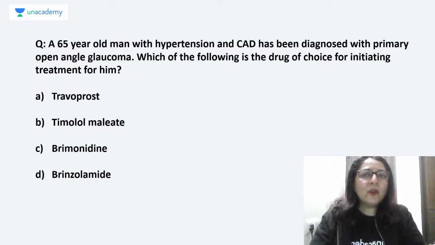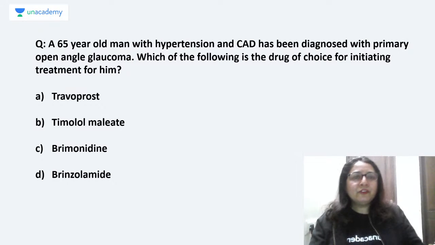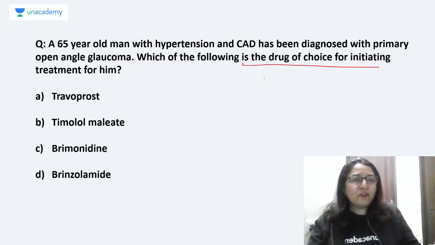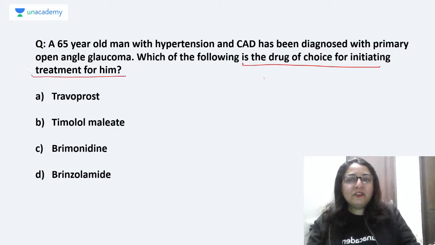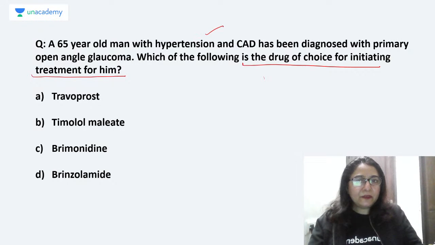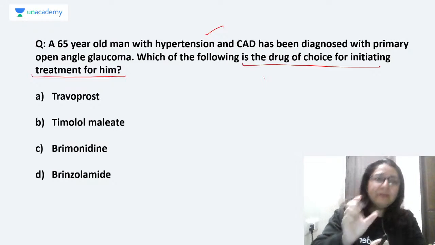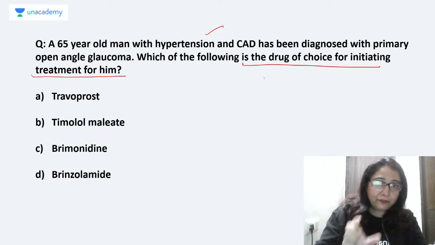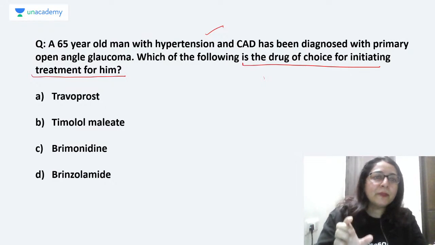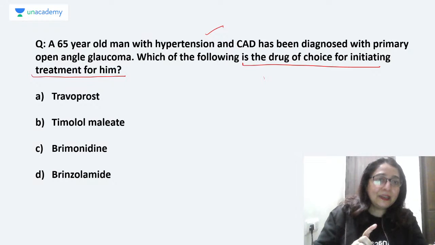A 65-year-old man with hypertension and coronary artery disease has been diagnosed with primary open-angle glaucoma. Which of the following is the drug of choice for initiating treatment for him? So systemic history. Whenever we are starting a patient on anti-glaucoma drugs, always ask the systemic history, because we just learned many topical drugs have systemic side effects and we have to rule them out.